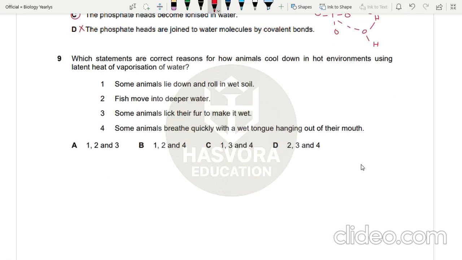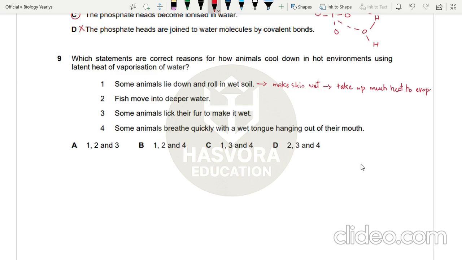The next question says which statements are correct reasons for how animals cool down in hot environments using latent heat of vaporization of water. Some animals lie down and roll in wet soil. This will make their skin wet, and the water molecules on that skin take up much heat to evaporate.